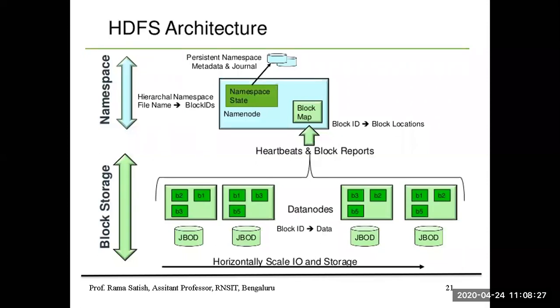It will recover this data from other replicated blocks, and create another computer with it. And your name node has all the capabilities to create data nodes and maintain data nodes.